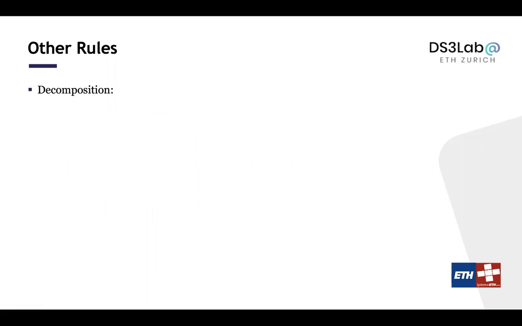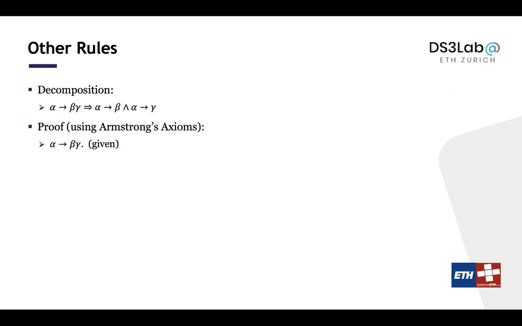So let's look at another rule. Assuming I have the functional dependency alpha to beta gamma, this semantically implies you have both alpha to beta and alpha to gamma. Again, you can go back to the definition for this, but let's try to use Armstrong's axioms. It's actually very simple.